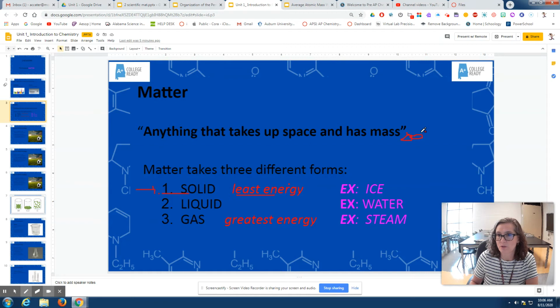There's not a lot of space between them, and they're all lined up in a row, very tightly packed. And because of that, and their temperature, they are not moving very quickly. So the best example of that would be ice.